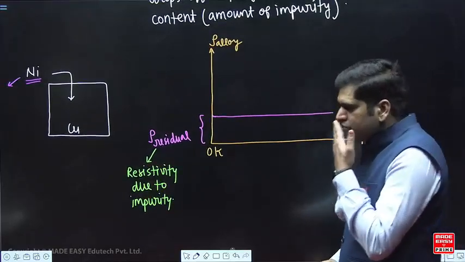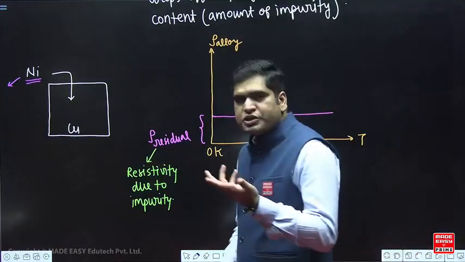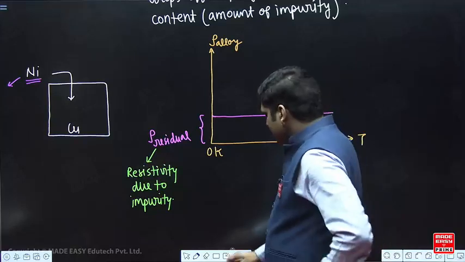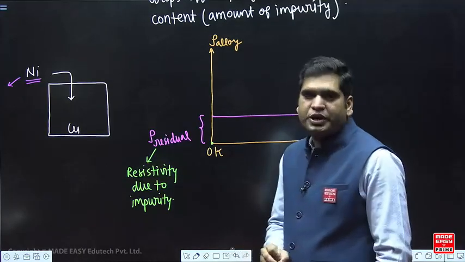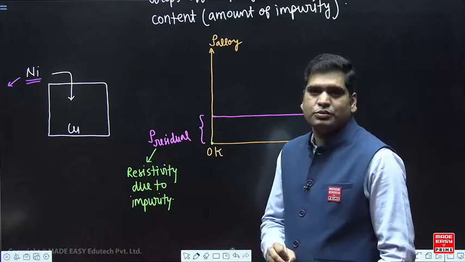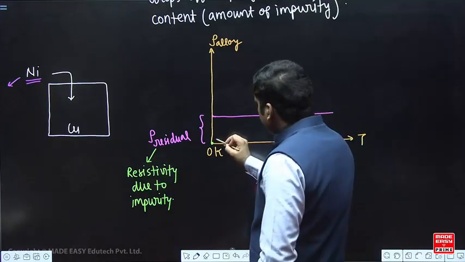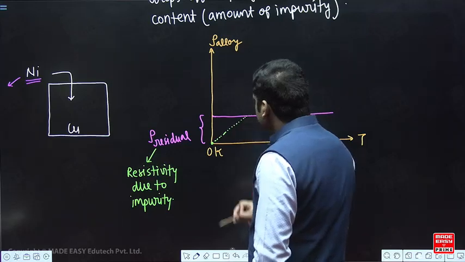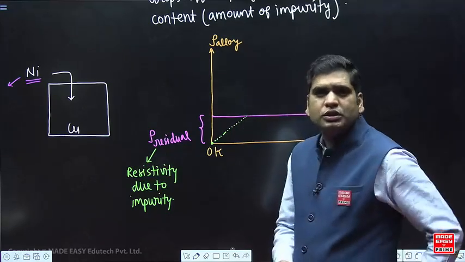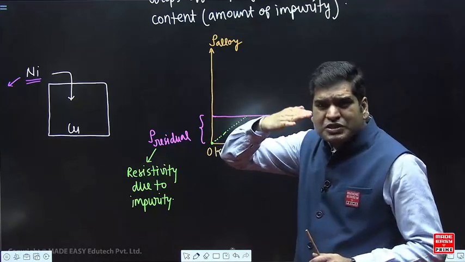Now suppose you start increasing temperature. At 0 Kelvin the temperature is 0, so the thermal component of resistivity will be 0. Up to a certain temperature resistivity will increase, but that amount is very small because lattice vibration is very slow.